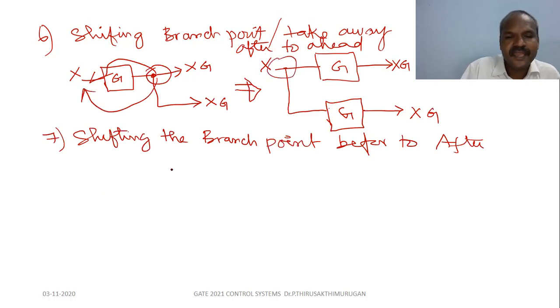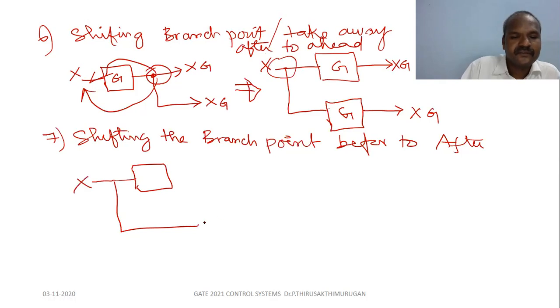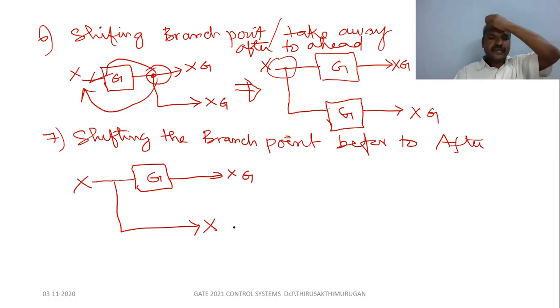So if here shifting before to after the block, that means we are getting X as a branch value. Okay, G. Here is XG. So we are getting X as a branch.